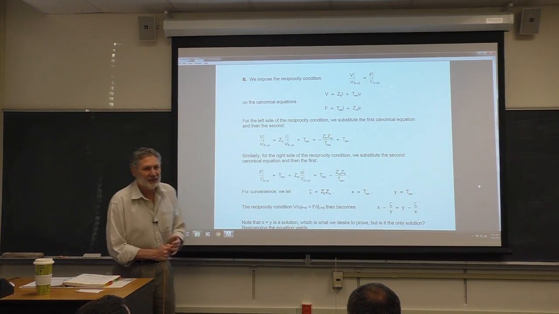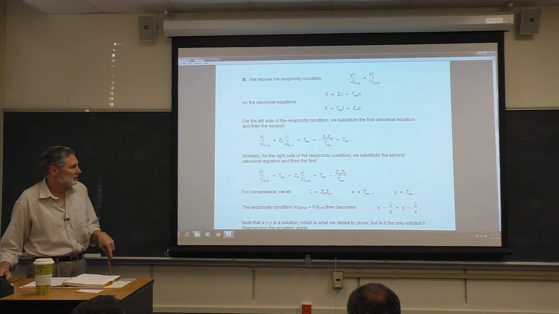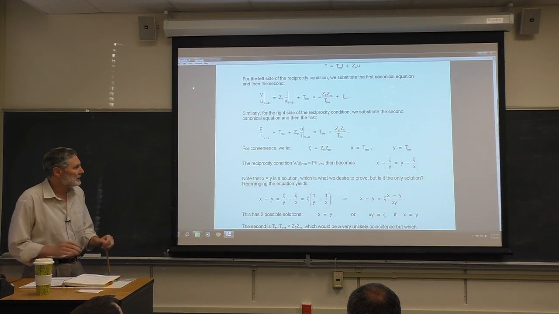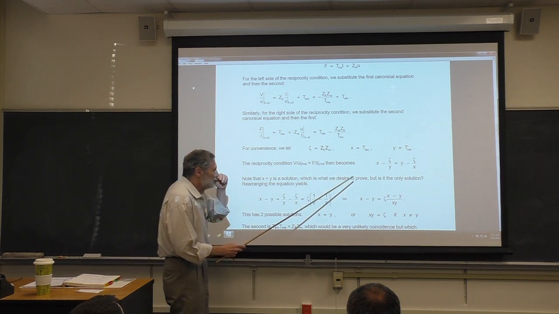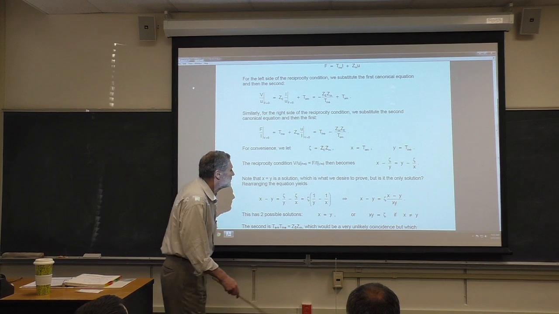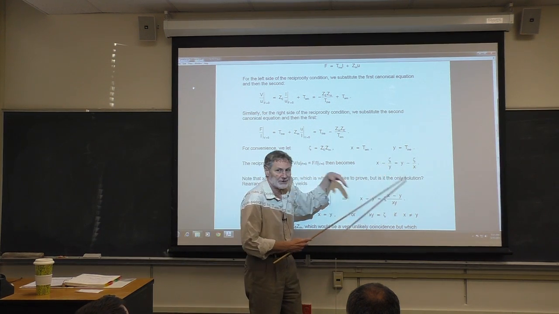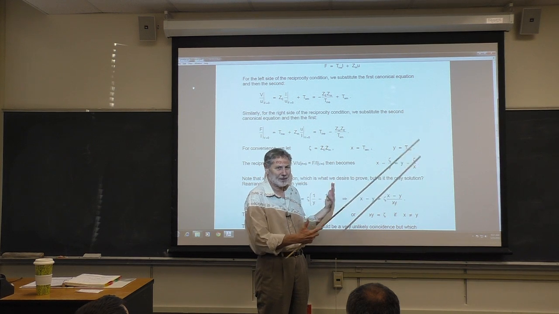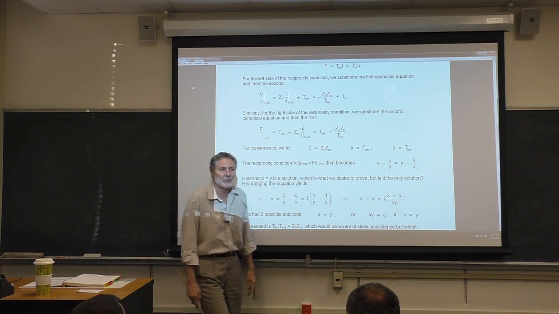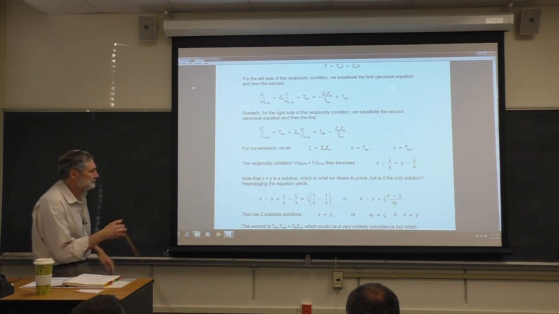The interesting thing here that's surprising, I haven't seen it in any other book, is it may not be the only solution, right? Because look, this has some x and y's downstairs. This looks like maybe a quadratic kind of situation where we could have more than one solution. So let's look at that.